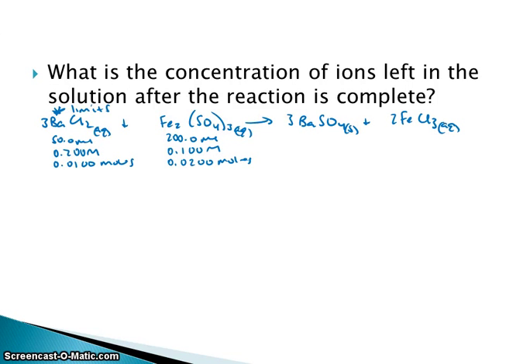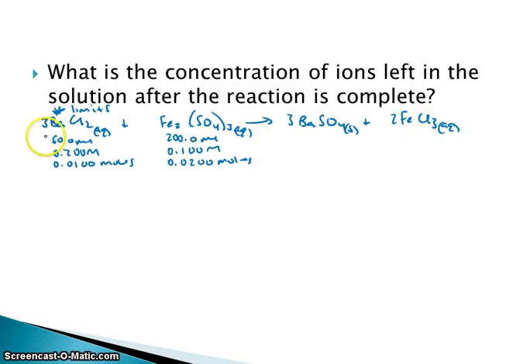Alright, so in our previous problem, we looked at taking barium chloride solution and iron 3 sulfate solution and mixing them together and producing a barium sulfate precipitate and iron chloride remaining in solution. So I summarized that all up here. Barium chloride plus iron 3 sulfate gives us barium sulfate and iron 3 chloride.